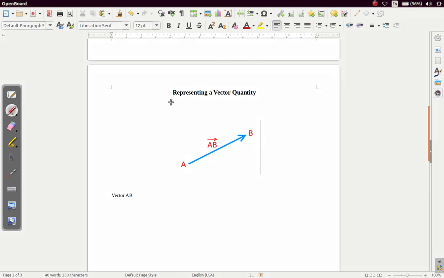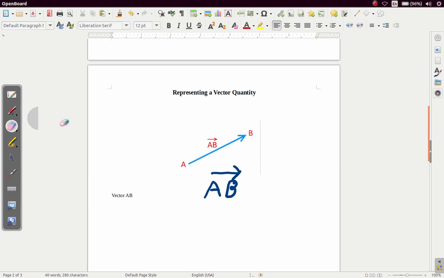So you would call this vector AB, and you write AB with an arrow over the top of it. So this is vector AB. It's pointing from A to B. So the direction that the vector is acting is shown by the arrow on the line. Alright?